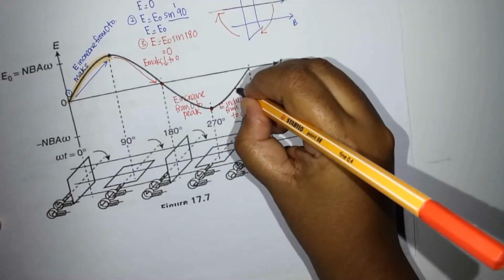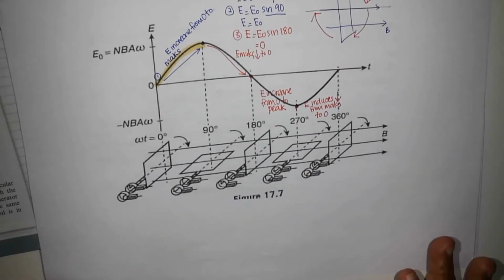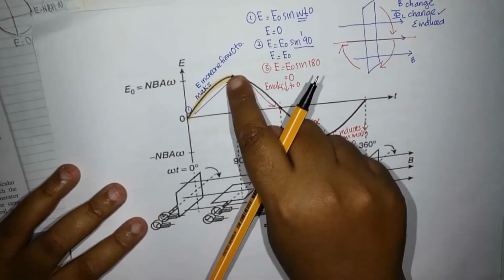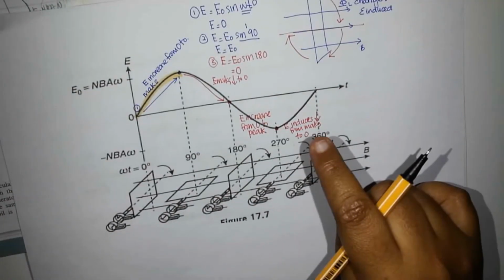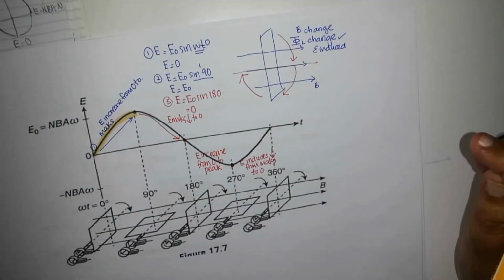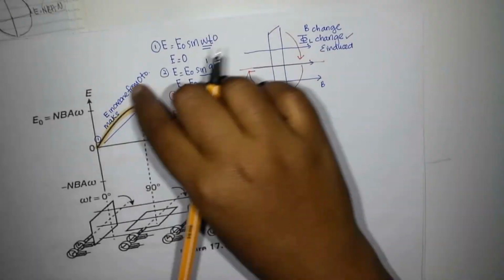That is what happens. If you look at the diagram, it increases from 0, then decreases, then increases in the other direction, this side, and after that it decreases back to 0. So it's a sine graph.